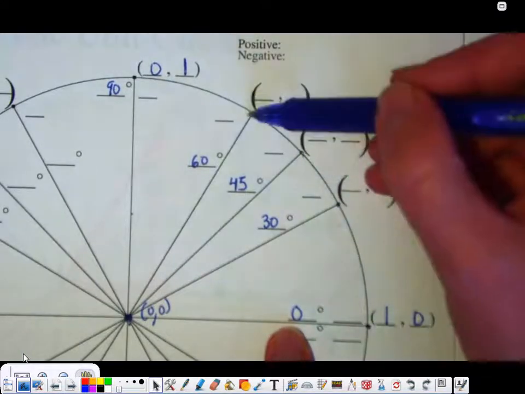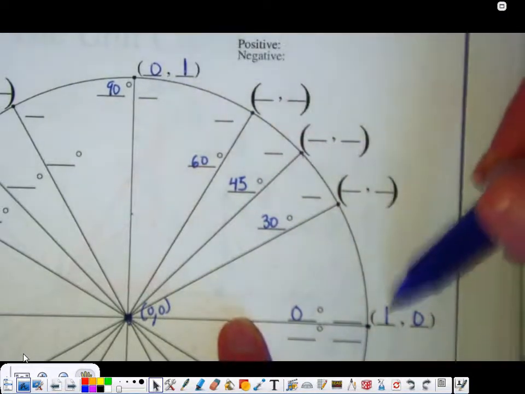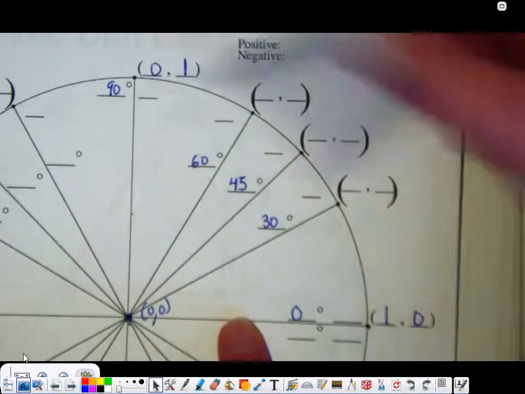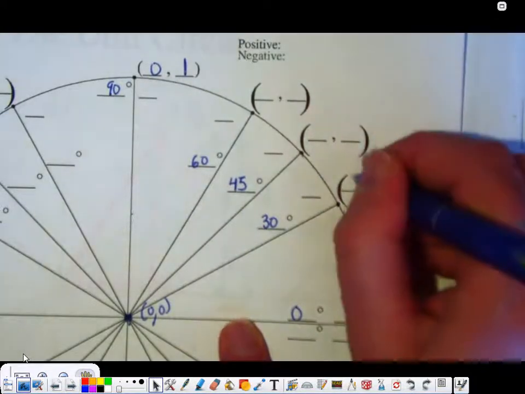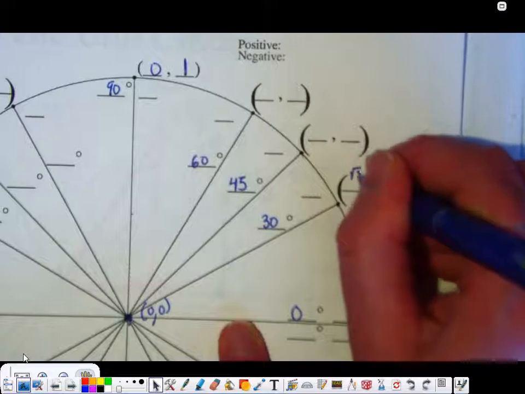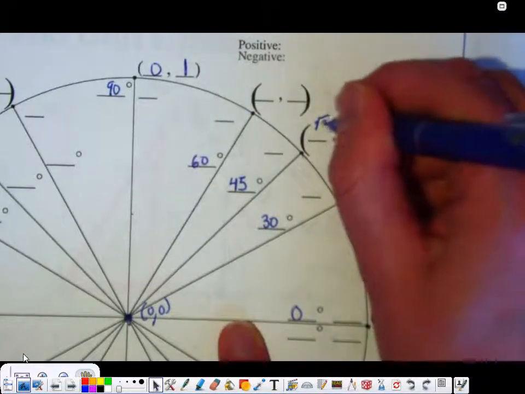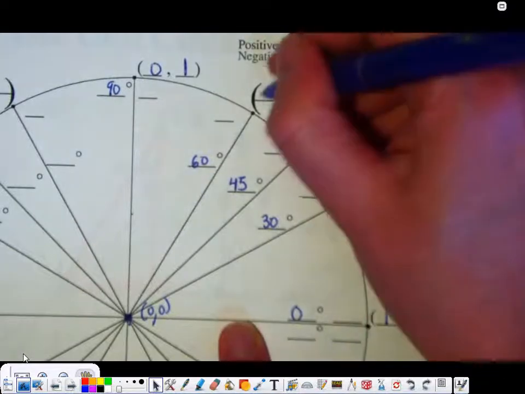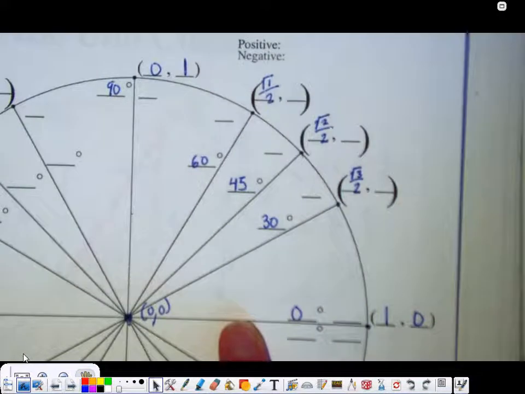It would be smaller, then it goes to 0. So these go from 1 to 0, each one getting a little bit closer. So the values you're going to put are going to be the square root of 3 over 2, and then you're going to get a little bit smaller, square root of 2 over 2, and then square root of 1 over 2. But what's the square root of 1? 1. So you could just say 1/2. But that's going to be the pattern that you're following.